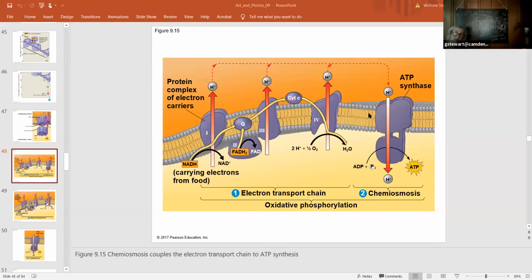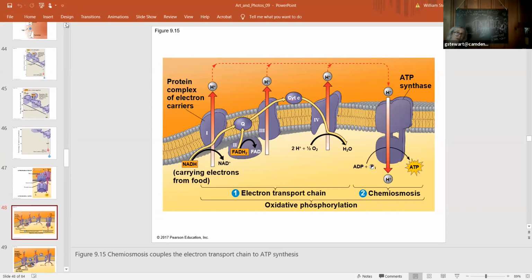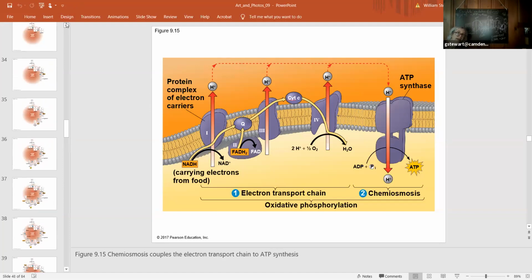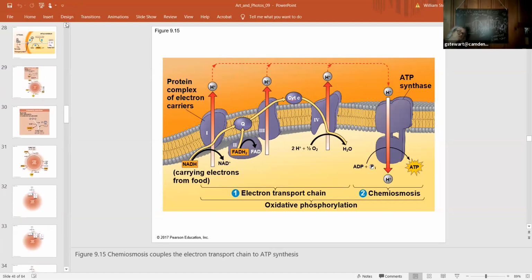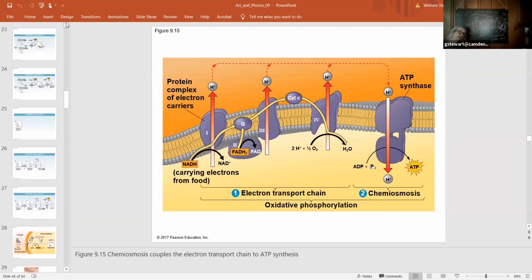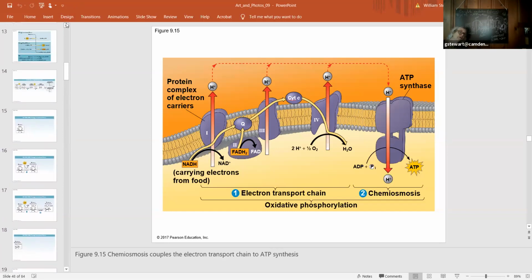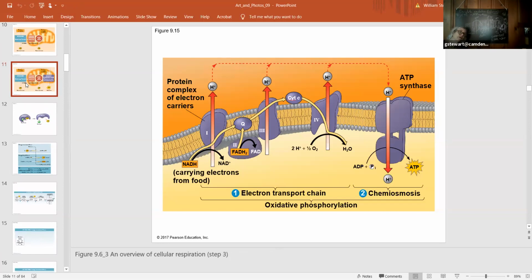Where does this happen in the cell? Inner membrane of the mitochondria. It's also appropriate for you to say the cristae of the mitochondria because it's in the folds. So if I go back up to this earlier picture where your book had this diagram, which is where it is, right?